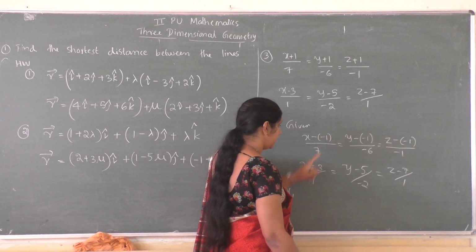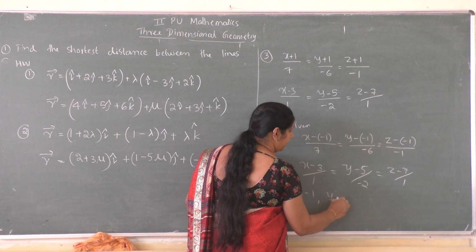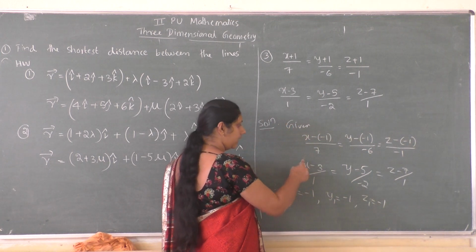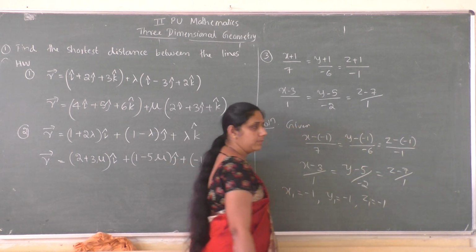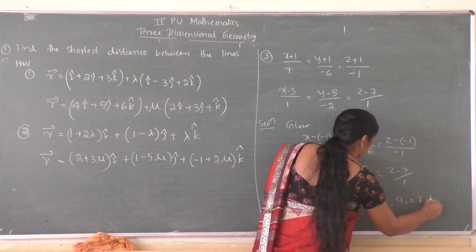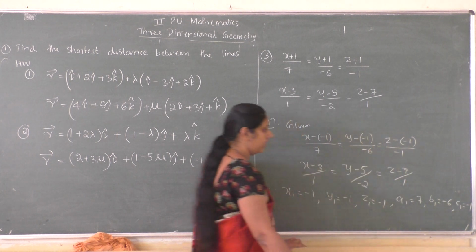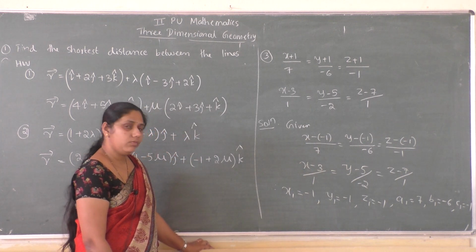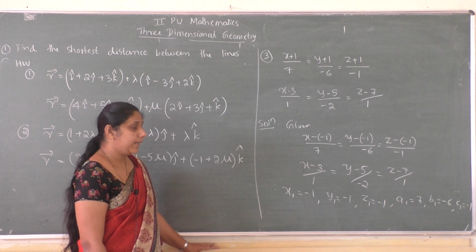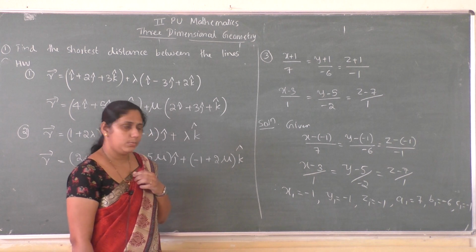So x minus x1, in the place of x1 we have minus 1, y minus y1, y1 is minus 1, as well as z1 is also minus 1. Similarly, these are the values a1, b1, c1: a1 is 7, b1 is minus 6 and c1 is minus 1. Similarly, compare the second equation with the standard equation, x minus x2 by a2 equal to y minus y2 by b2 equal to z minus z2 by c2.